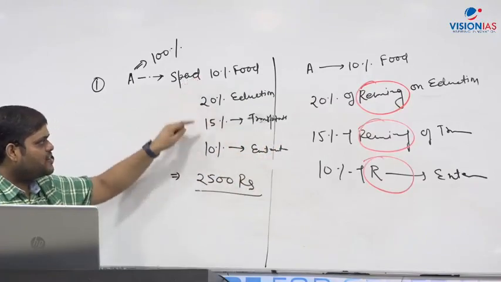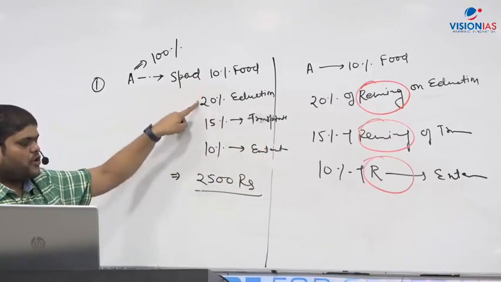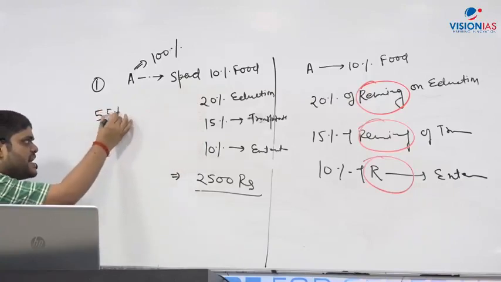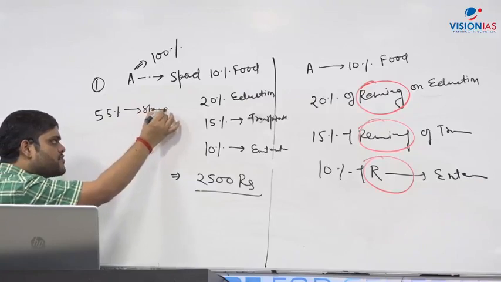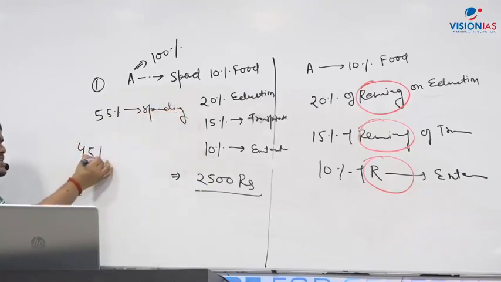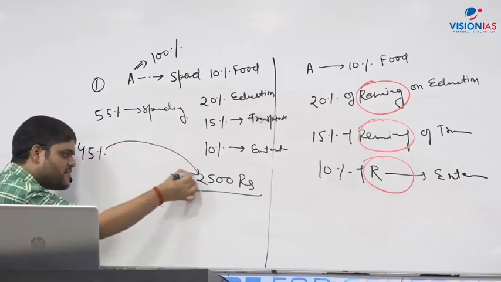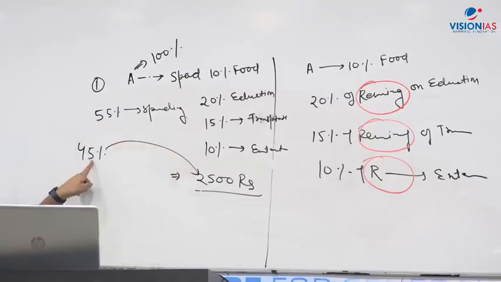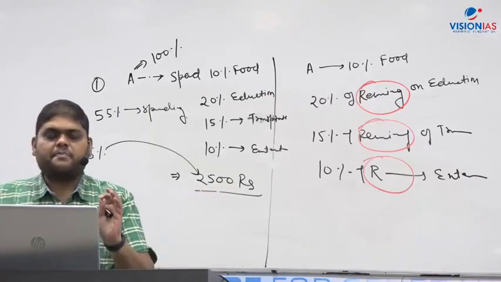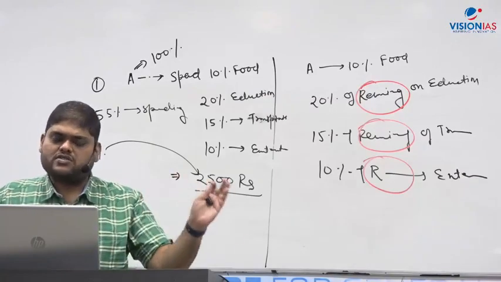If you add all this, 10, 10, 20, 40, 55. That means he is spending 55%, and 45% is left that he is saving, and that 45% is equal to 2,500.